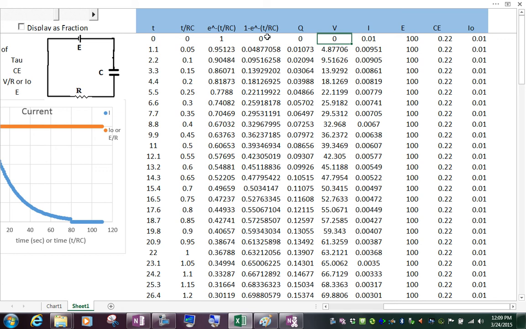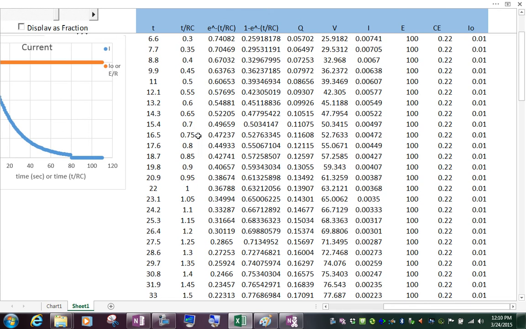So in the beginning, they're both 0, and then they increase rather rapidly in the beginning, and then less quickly, less quickly, less quickly. Well, if you look at the time, in terms of time constants here, if we go to 1 time constant, what that's telling us is that you have 36.7% or 63.2%, because it's that or 1 minus that.